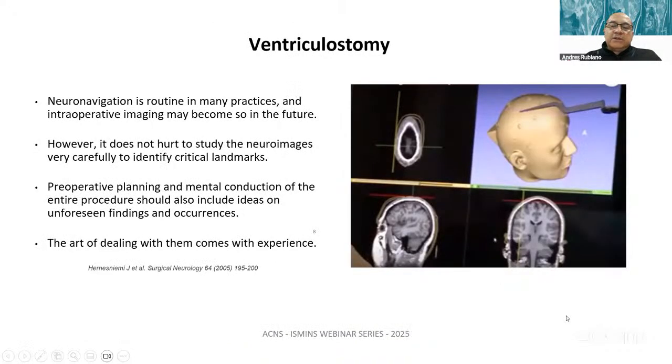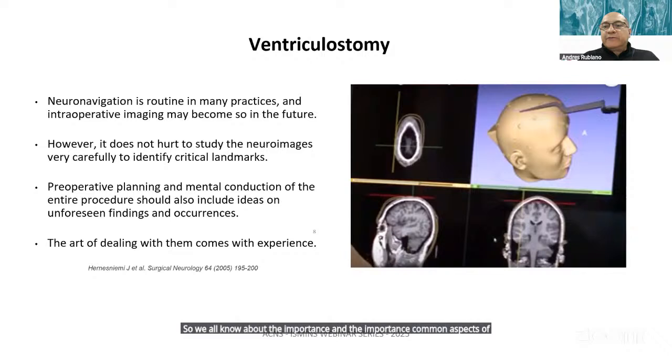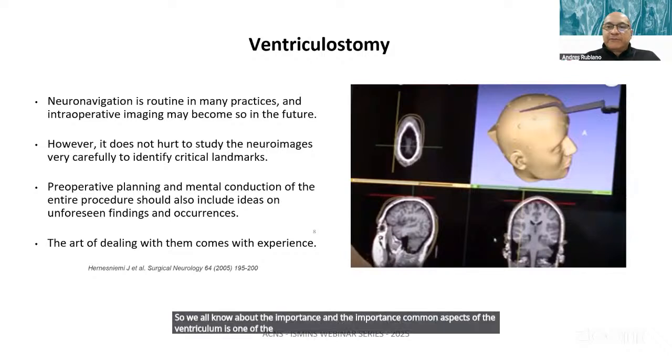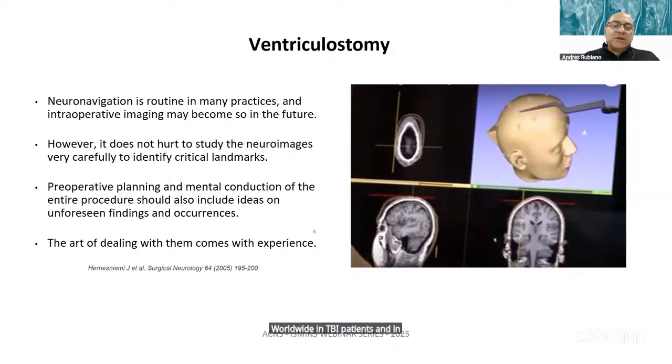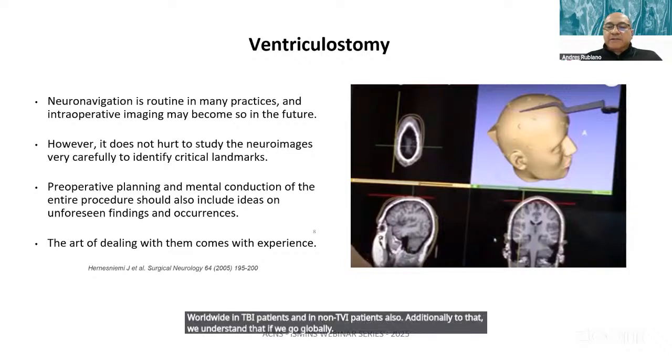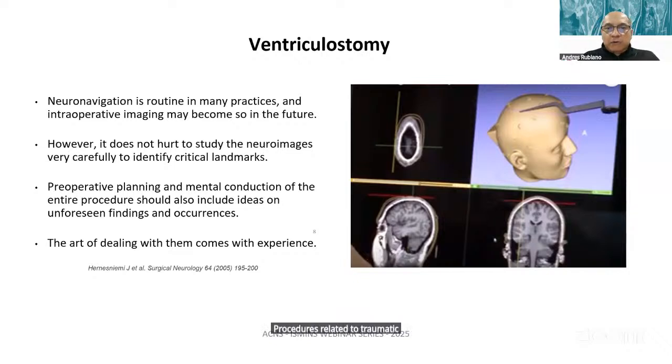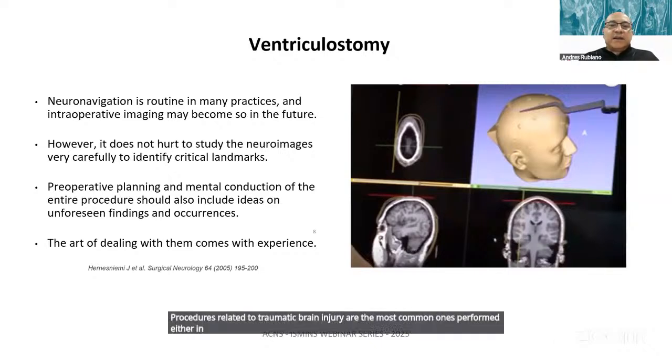So we all know about the importance and the common aspects of ventriculostomy. It is one of the more frequent procedures performed worldwide in TBI patients and in non-TBI patients also. Additionally, globally, procedures related to traumatic brain injury are the most common ones performed in both LMICs and high-income countries.